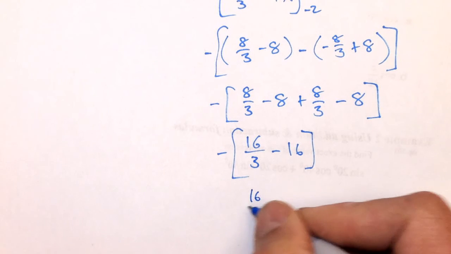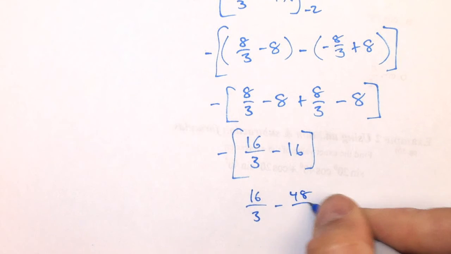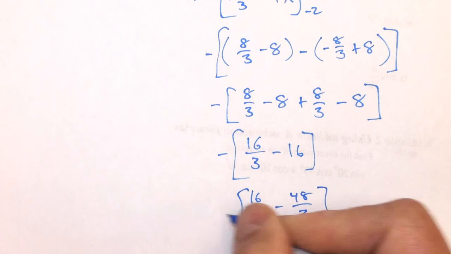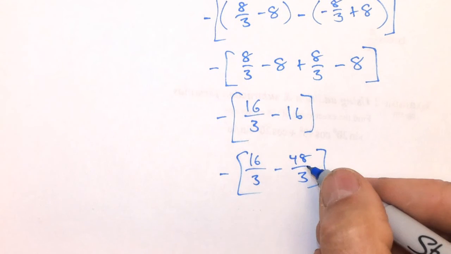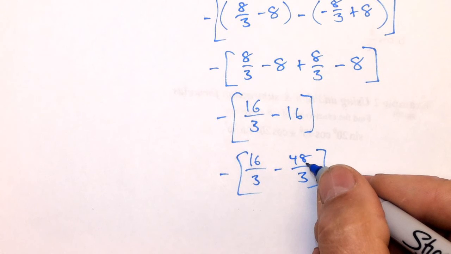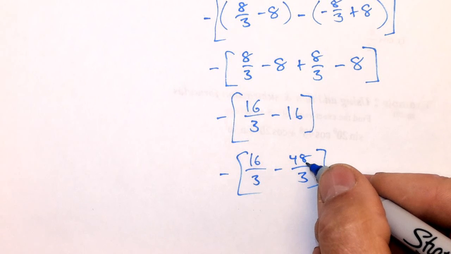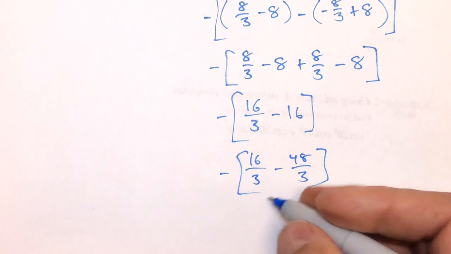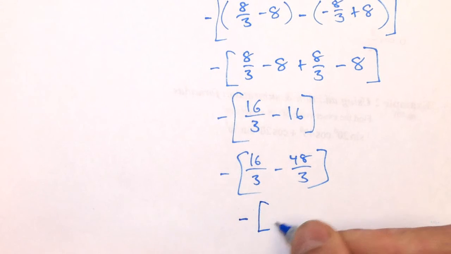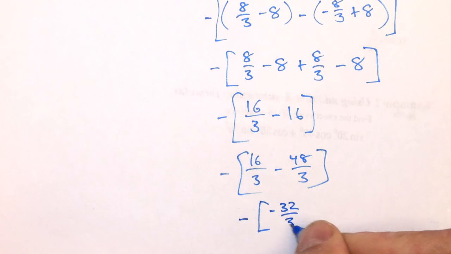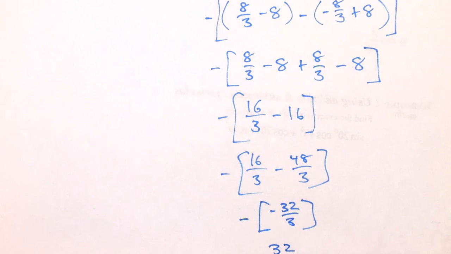That's 16/3 minus 48/3, getting a common denominator. That's 32. Am I right? 32. Negative 32/3. So that's 32/3.